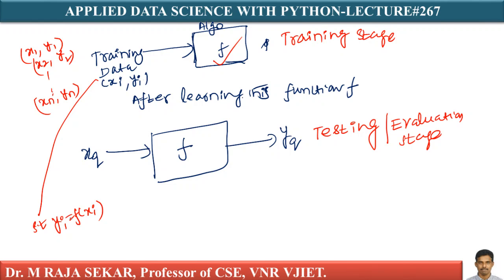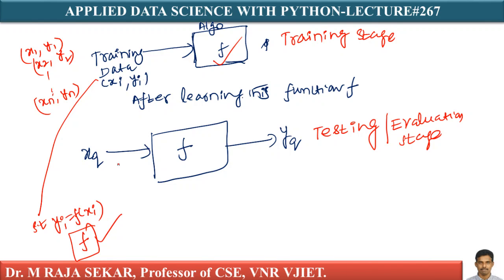The algorithm learns the function f by using training data. Once it learns the function, our training is over.